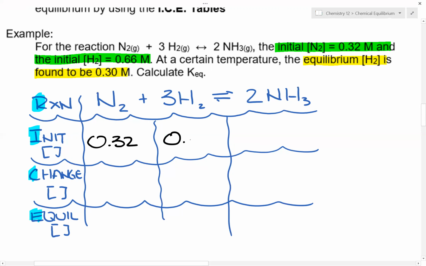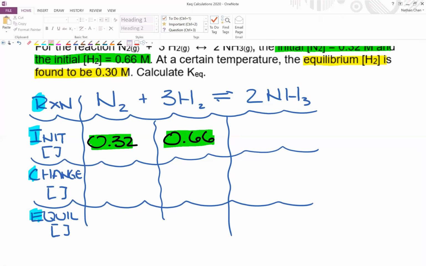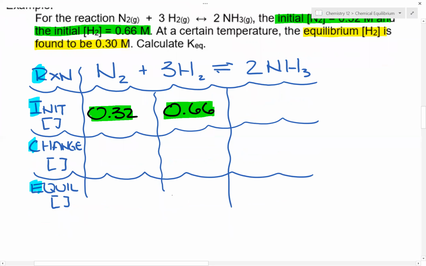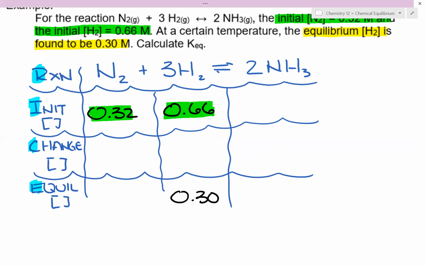This is 0.66. So I'm just going to highlight it in green just to identify the numbers. Now, we're given the equilibrium concentration of H2 is 0.30. So 0.30. And I will highlight it in yellow.